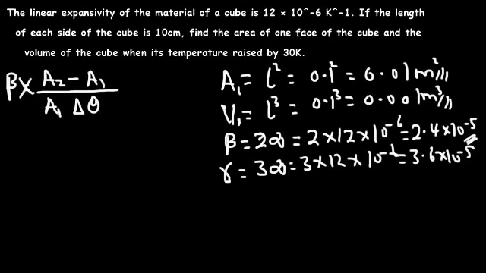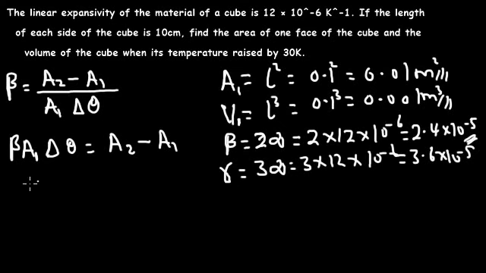Multiplying, we have beta multiplied by A1 multiplied by the change in temperature equals A2 minus A1. Then if we add A1 to both sides, beta A1 change in temperature plus A1 equals A2. Perfect.